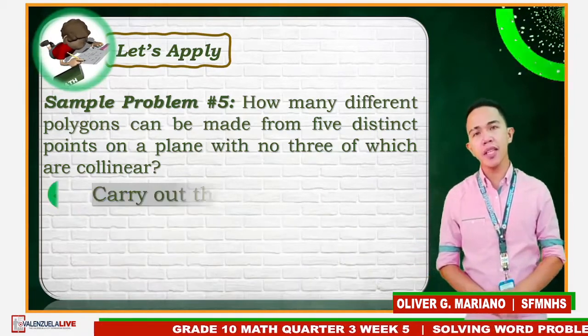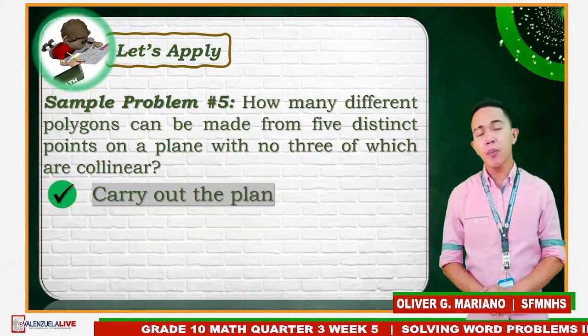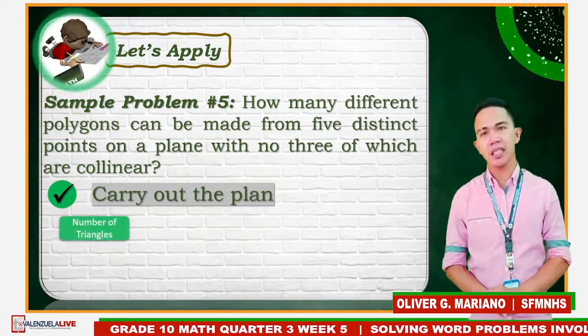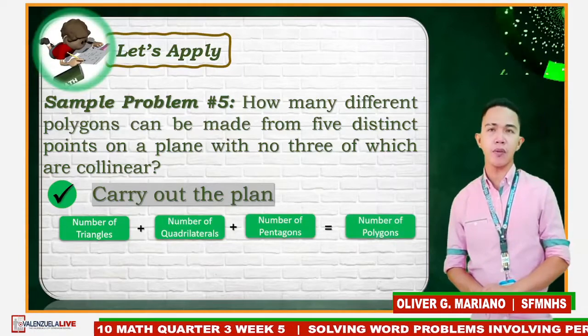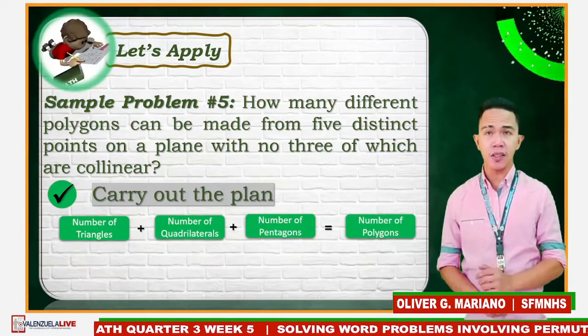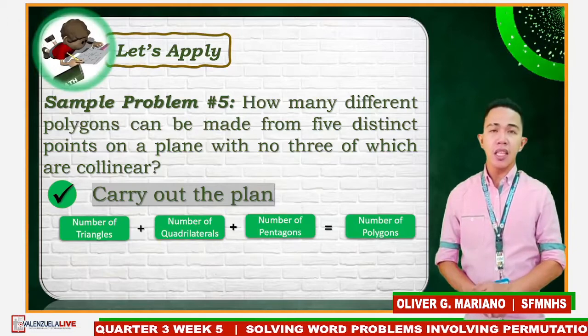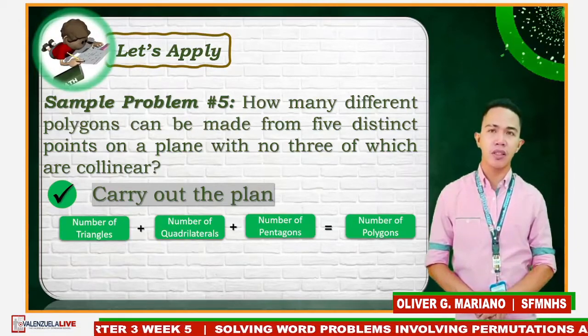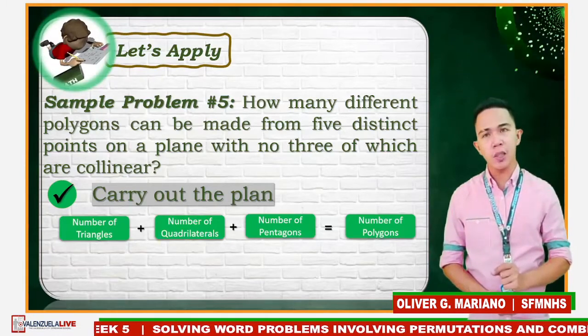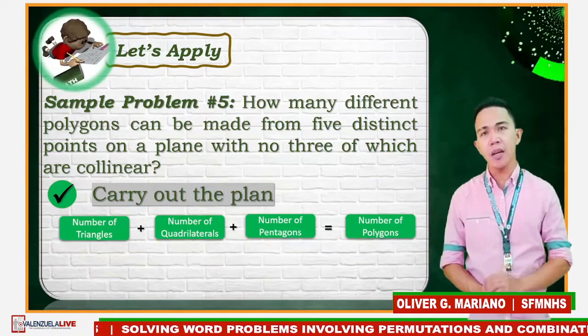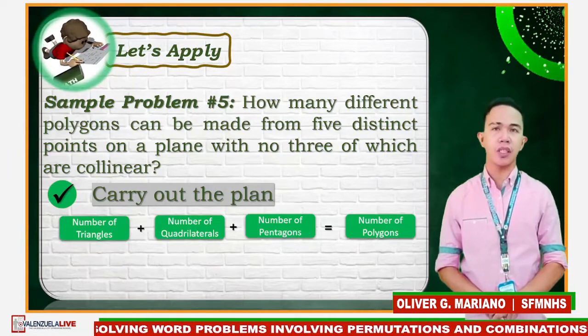Now, we carry out the plan and we begin by stating that the number of triangles plus the number of quadrilaterals plus the number of pentagons is equal to the number of polygons. To form the desired polygon, we choose the corresponding needed number of points from among the given points.